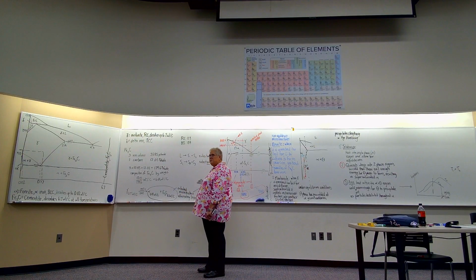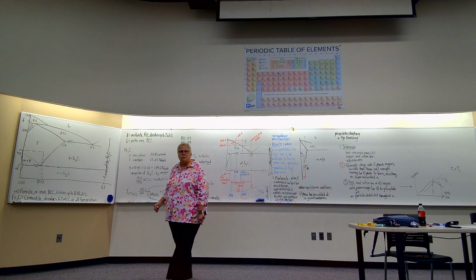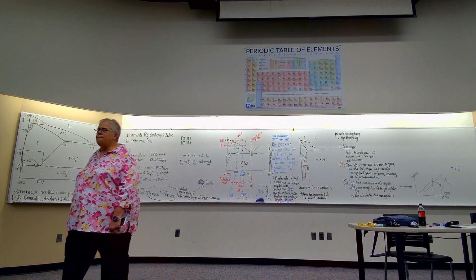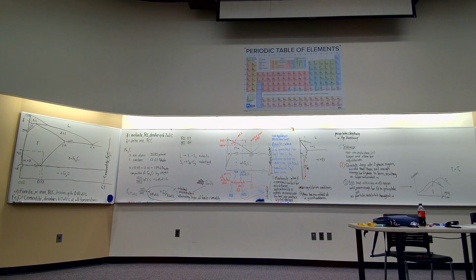Pearlite. So basically the goal of heat treating steel is to quench it too fast for it to form pearlite, to avoid the formation of pearlite, so that you can get these harder microstructures.